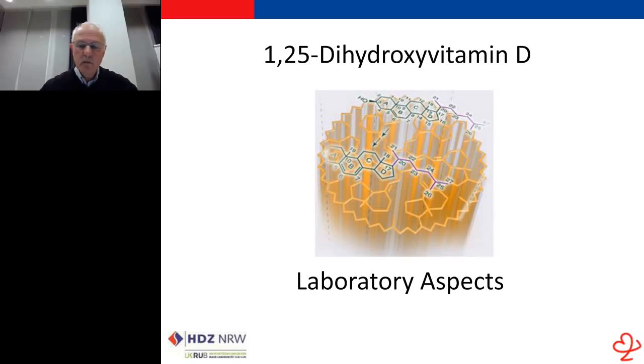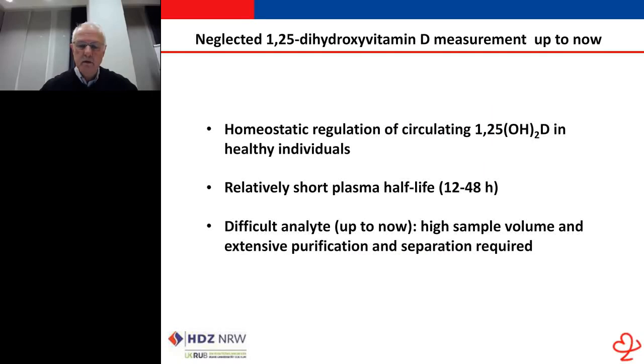Now I will come to some laboratory aspects. Up to now, 1,25 dihydroxyvitamin D measurement has been neglected for several reasons. First, there is a homeostatic regulation in circulating 1,25 dihydroxyvitamin D levels, at least in healthy individuals.